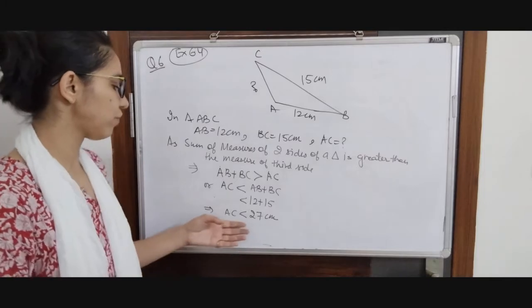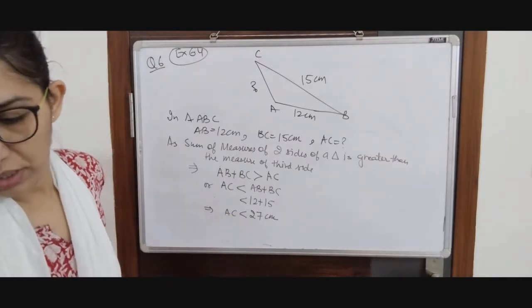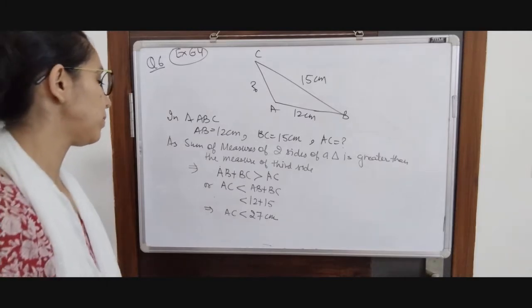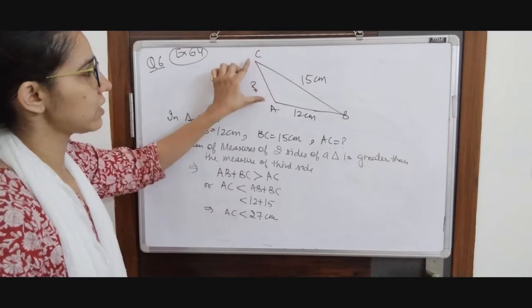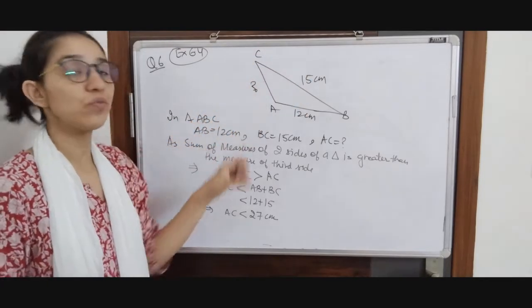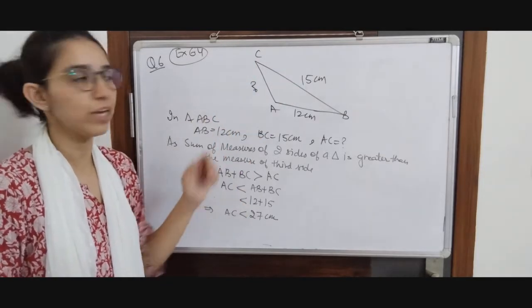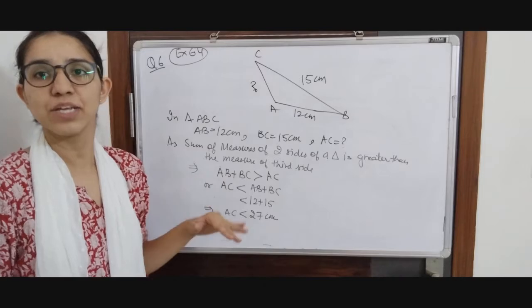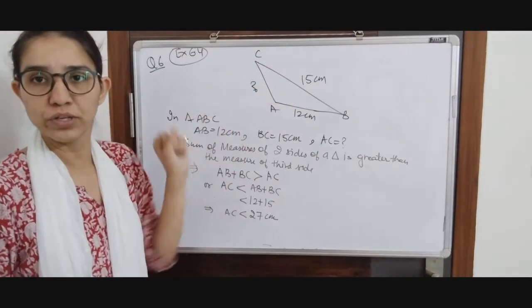So first we have got the maximum value. What is going to be the minimum value AC can take? You see that if this side has the length equal to the difference of these two, then all the 3 points will lie on the line and it will not form a triangle. And similarly for a length less than the difference of these two.